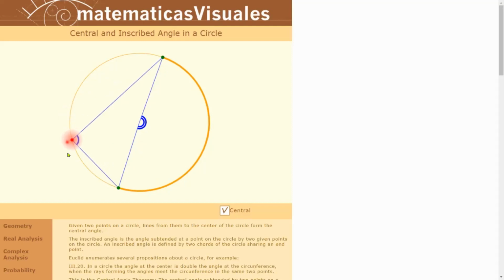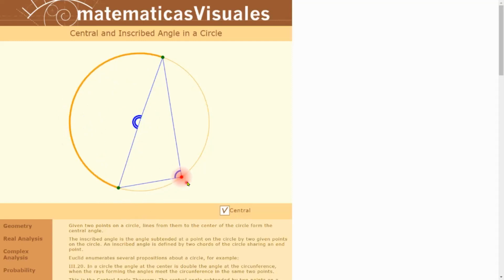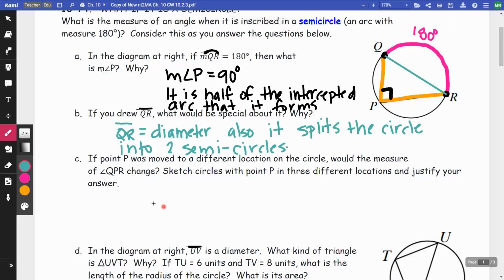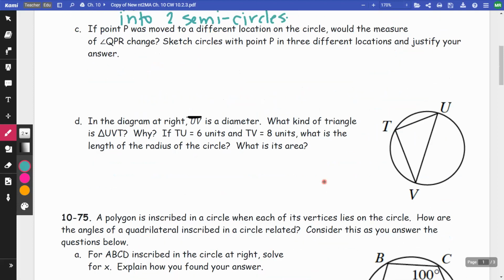Same as if I was to bring it to the other side of the circle, same situation. So again, they wanted you to draw three circles with the point P in three different locations, still connecting to Q and R, and justify that, just like I showed in the picture.